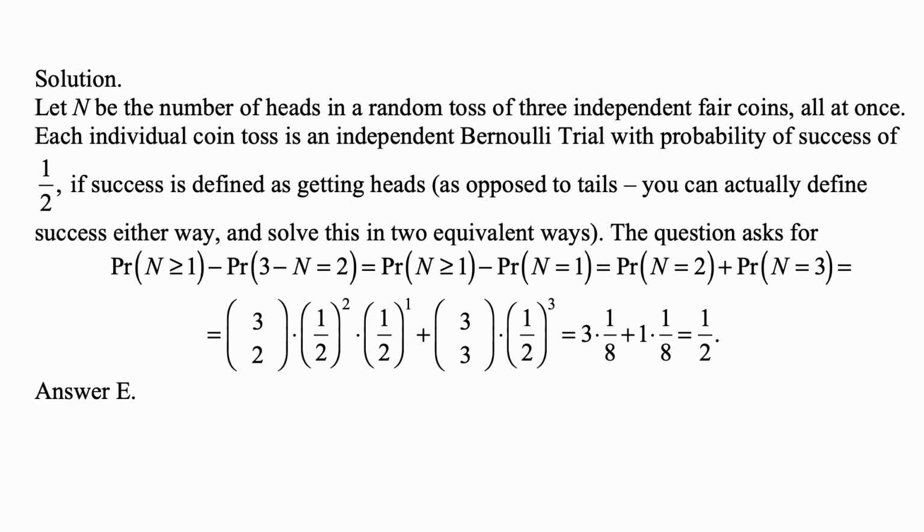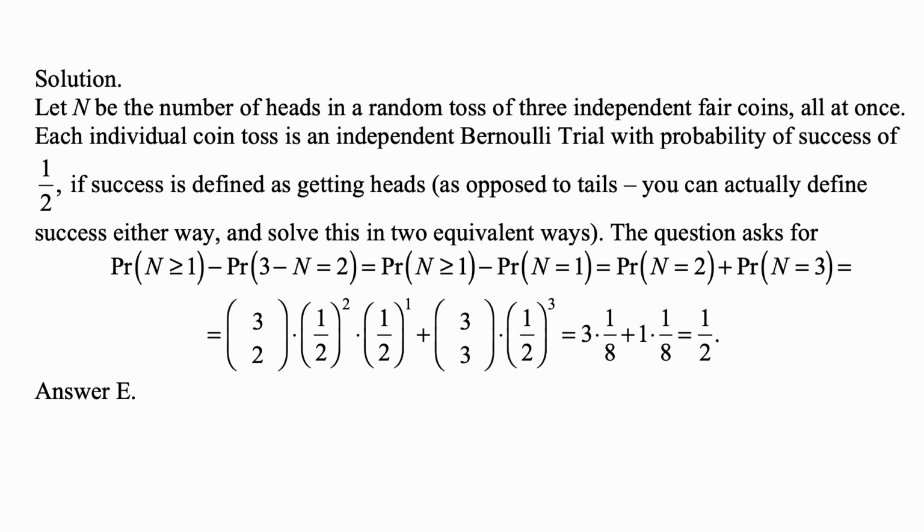Or you can figure out that the probability that n is 2 plus the probability that n is equal to 3 has to be equal to the probability that n is 0 plus the probability that n is 1, because if you flip heads and tails in terms of successes and failures, you should get the same probabilities, meaning that the probability that you get 2 or 3 heads should be equal to the probability that you get 2 or 3 tails, but the probability of getting 2 or 3 tails is the probability of getting 0 or 1 heads.